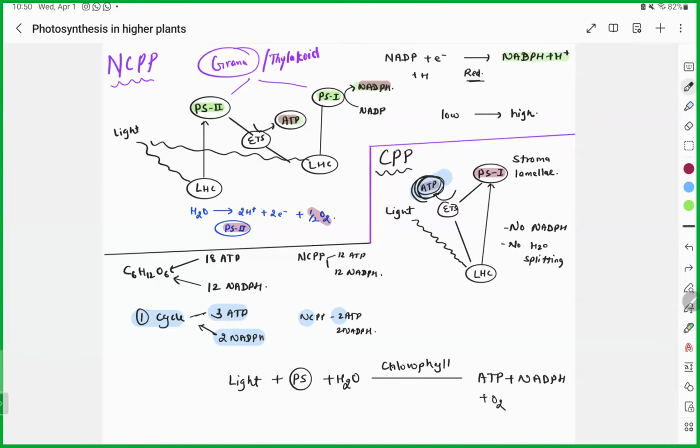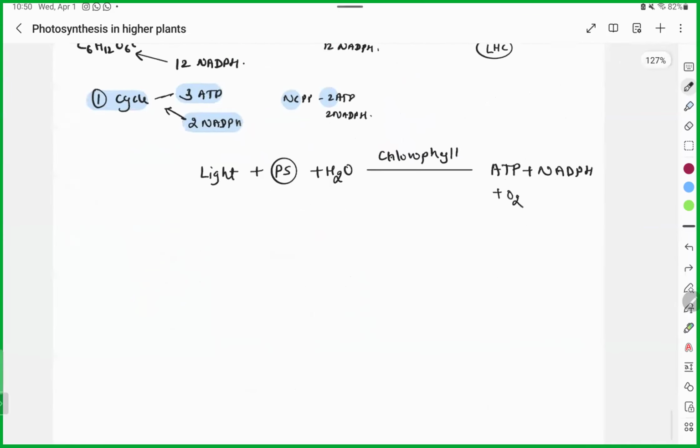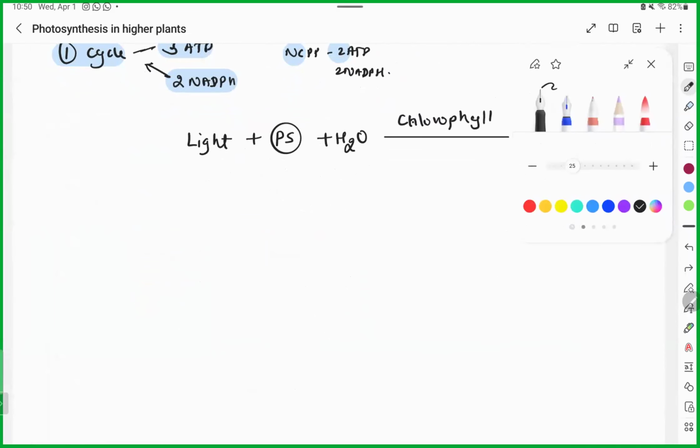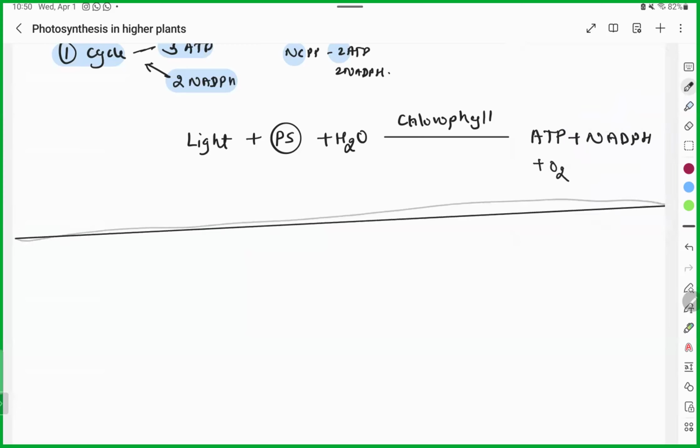Any doubt? This is the summary of the light reaction. In this light reaction, we have the last topic, the chemiosmotic hypothesis. As the name suggests, osmosis. Osmosis means movement of something from high concentration to lower concentration. And chemi means chemical.